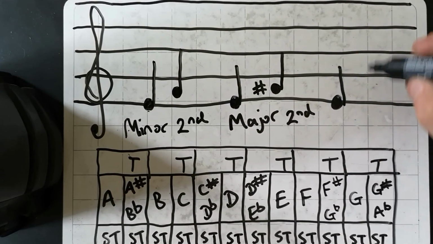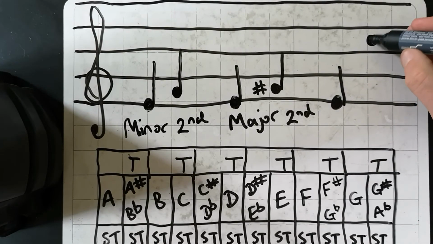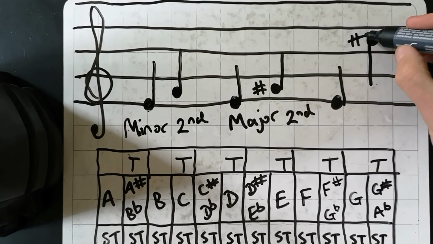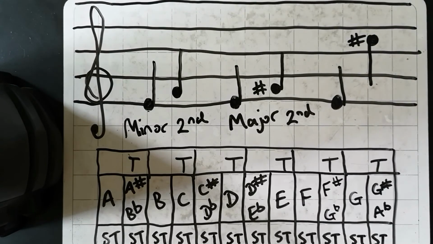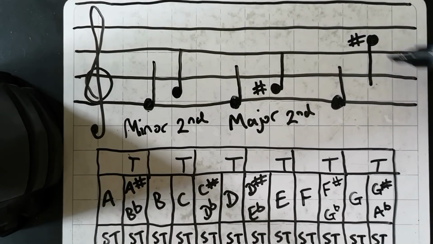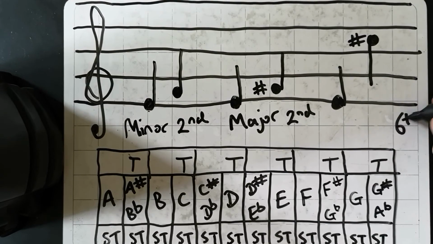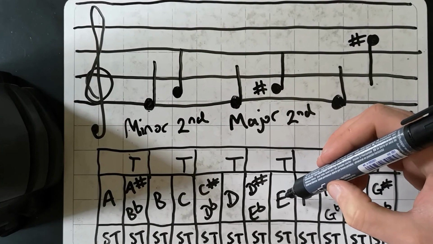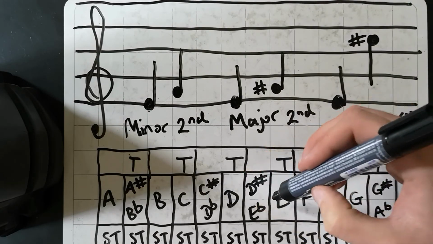Or if I gave you something really wacky like E to C sharp, let's say. Again, you draw it on the stave, and you've got to work out, so E is 1, 2, 3, 4, 5, 6. So I know it's a sixth. I've then got to work out what kind of sixth it is. So I'd go back to earlier on in the video and work out that E to C sharp is a distance of, well, I'm not going to go backwards, I'm going to go this way.